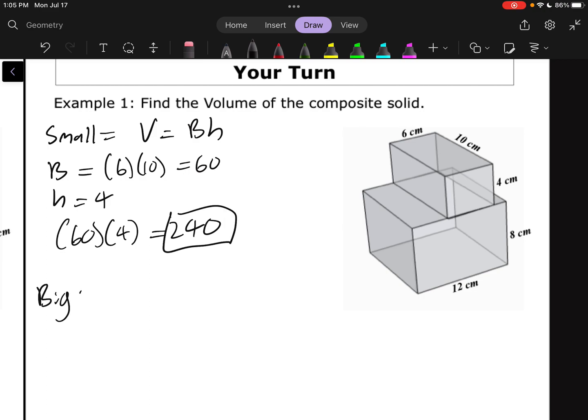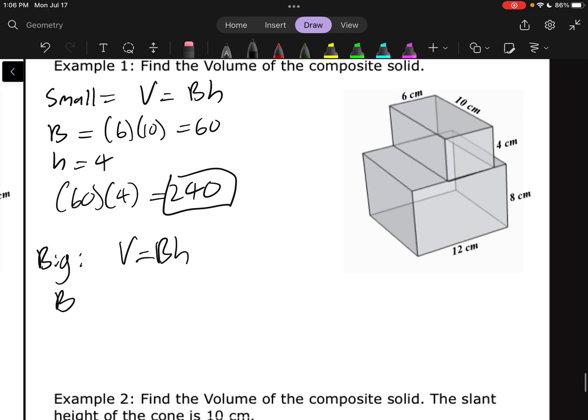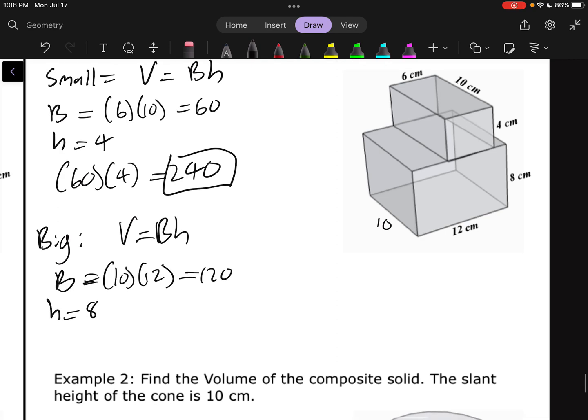For the large one, we'll also do big BH. Big B on this one would be 12 times 10, which is 120. The height is 8, so I'll do 120 times 8, which is 960.